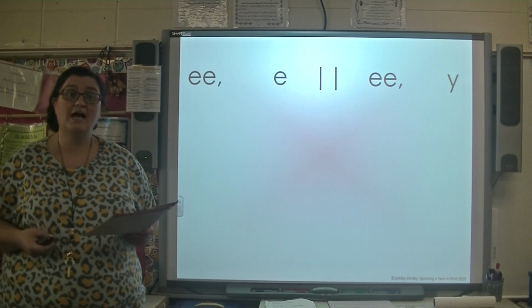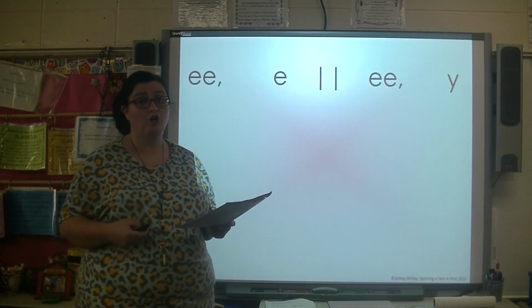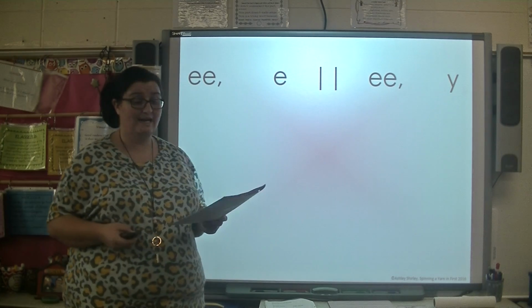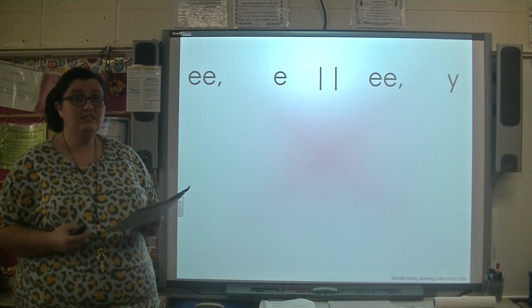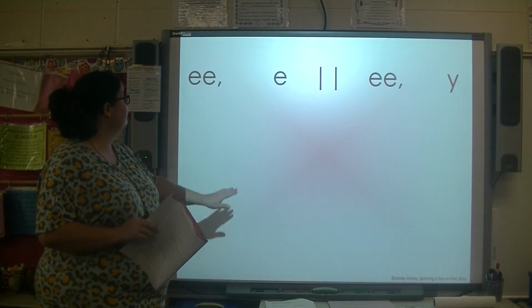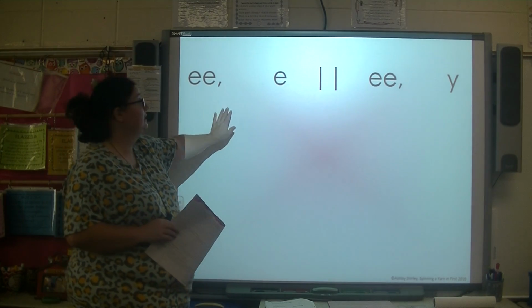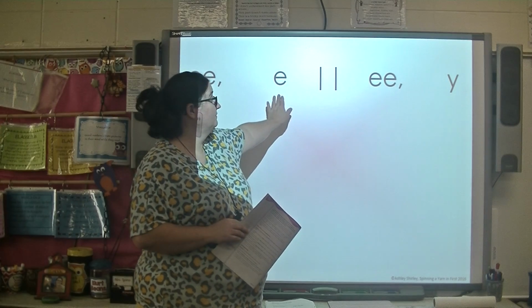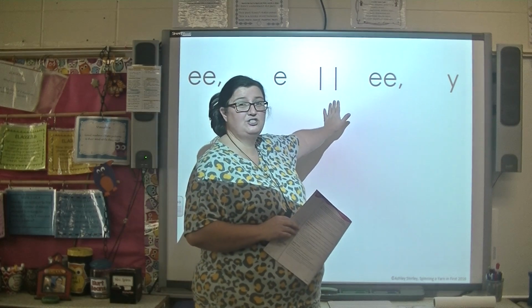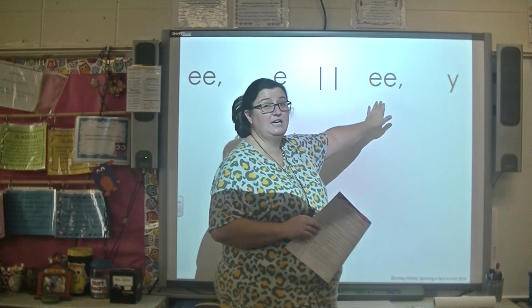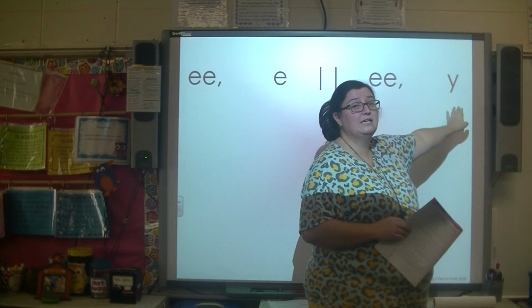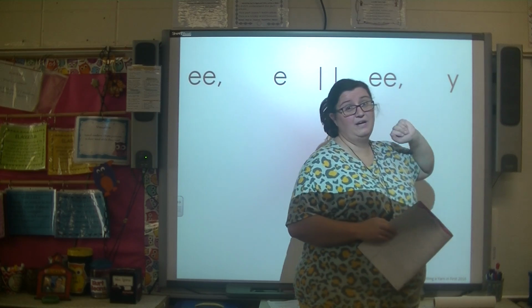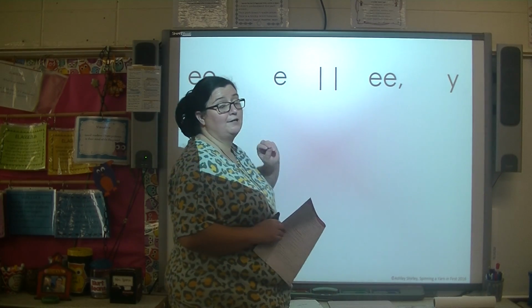Today we're going to practice spelling words with the long E sound. Now, let's look at what we have. We have digraph EE, E with a macron, and in the final position, we also have digraph EE, and then we have the vowel Y. And remember, it's in a two-syllable word that we have the vowel Y that makes the long E sound.